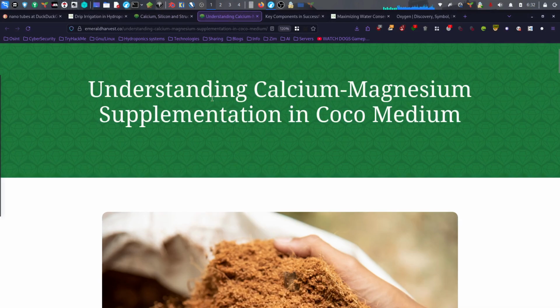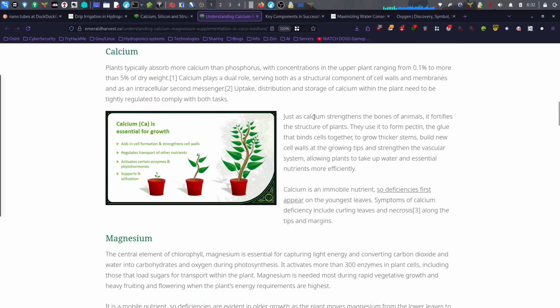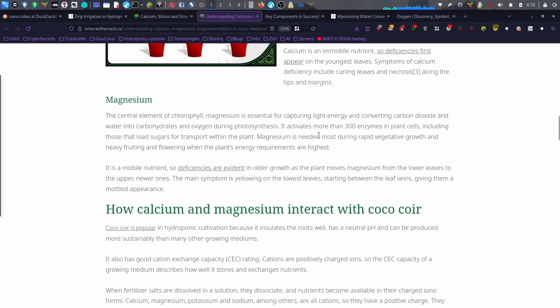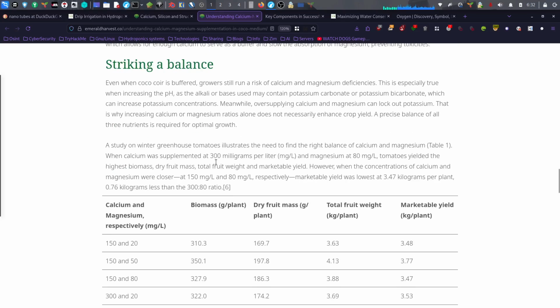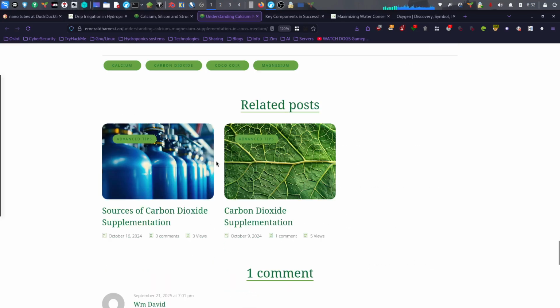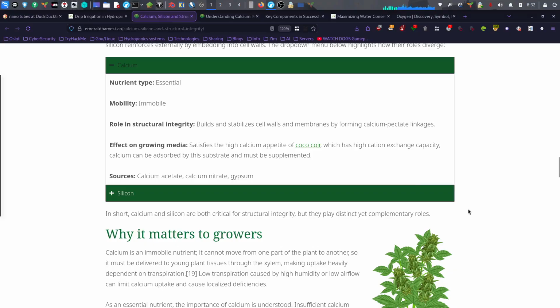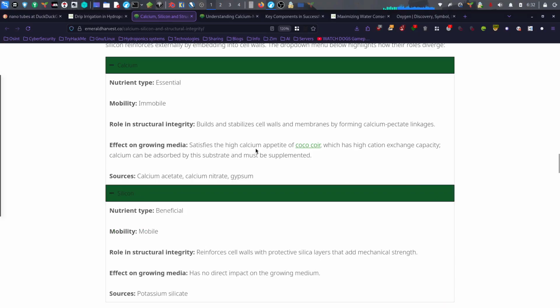Understanding calcium magnesium supplementation in coco medium. Magnesium, central element of chlorophyll. We will read about elements, macro and microelements, in our later videos. Silicon. Coco, I don't understand.